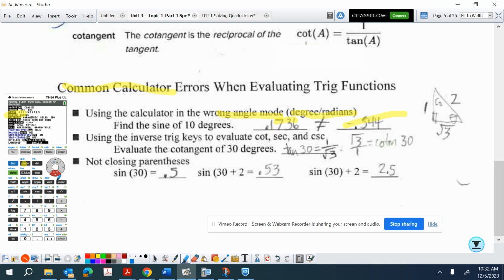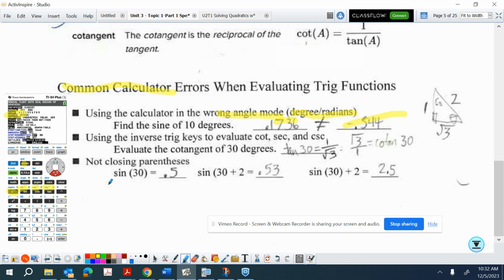And then there is something that looks like an inverse button over here, and you have to be careful. This inverse button has to do with 1 over something. It is not the same as inverse. You can see inverse here, inverse sine, inverse cosine, inverse tan, which we will study in a later packet.